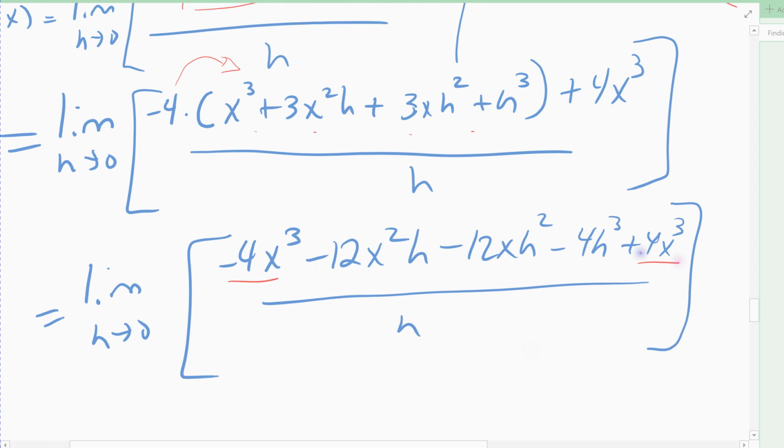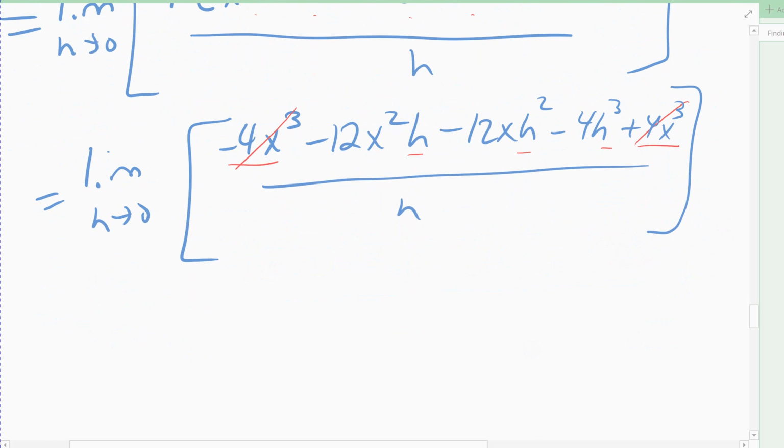That reduces with that, and once those cancel out, everything left has an h in it. So my next step, I'm going to write it as individual fractions, like we did with the quadratic case. So that's gone.